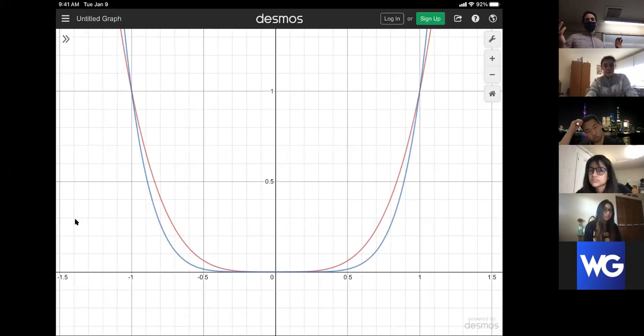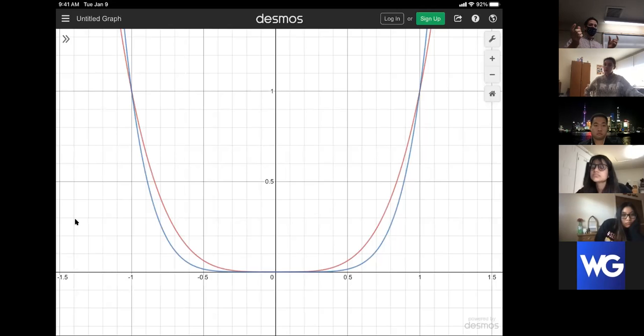Now, you might ask, well, why? Bigger power, shouldn't that one be on top? Well, if you think about x between plus and -1, so x is smaller than 1 in absolute value. Think about 1/2 for a second. If I take 1/2 and I square it, I get 1/4, right? So 1/2 squared is smaller than 1/2.